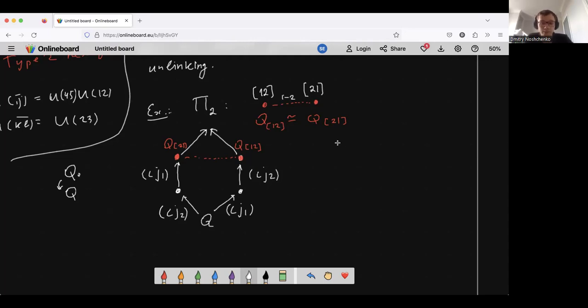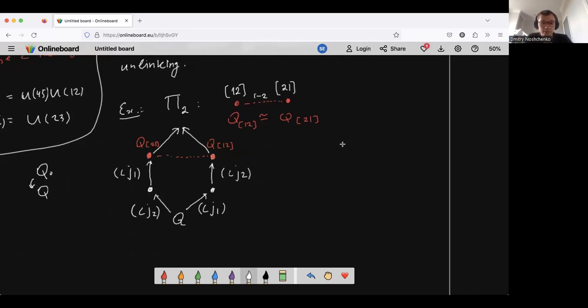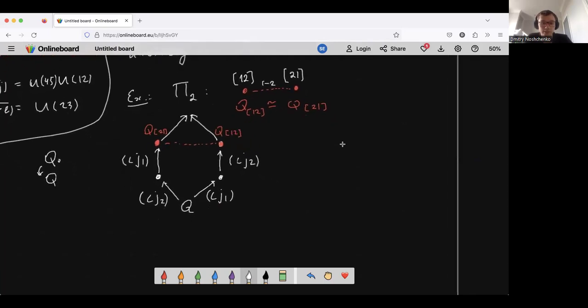Yeah, but what we can also do is take this iota and just remove it. Because of course iota is still present here in these quivers.